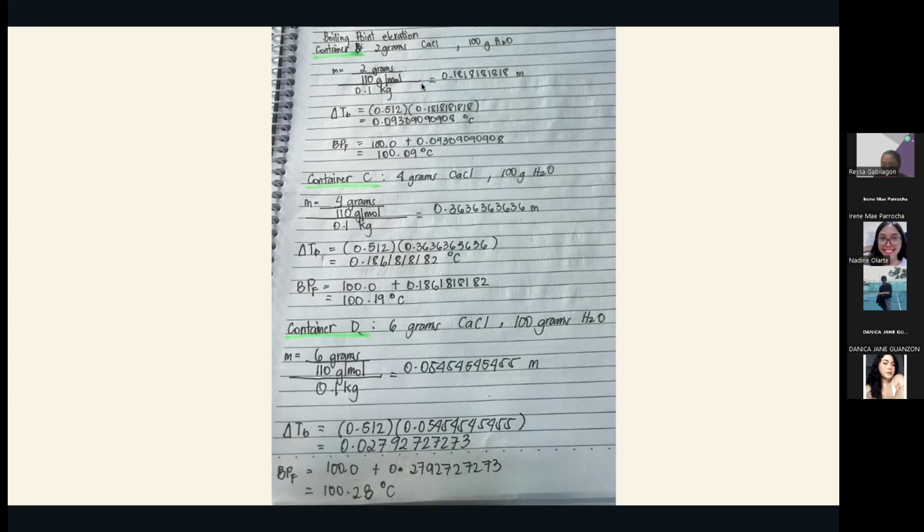Our first solution contains 2 grams of calcium chloride over its molar mass, 110 grams per mole, over its mass in kilograms, which is 0.1 kilograms of H2O, which will give us the answer 0.181818 molal.